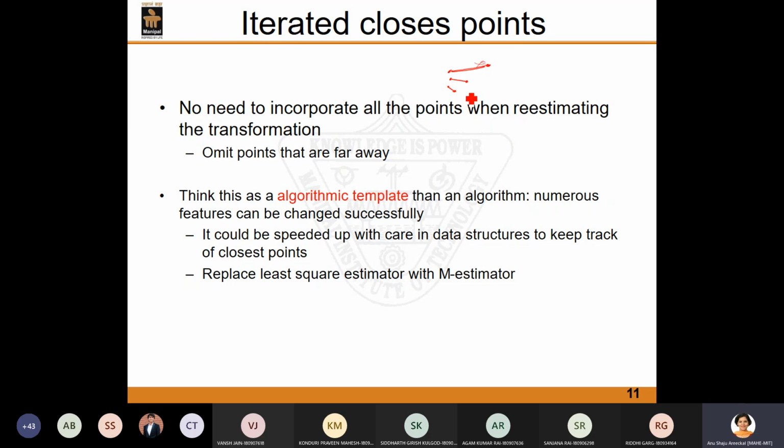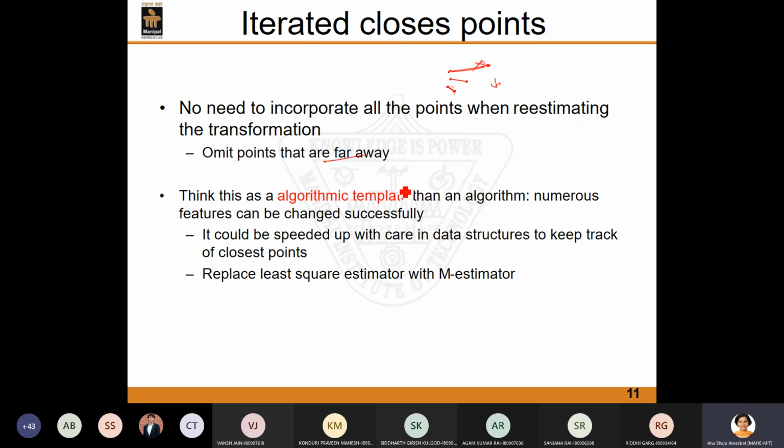So what you're doing there is reducing the number of points that might be contributing much more to the error, and we are focusing more on points which are close together, so that it is easier to come to convergence. So that is one modification that can be done, where you discard the points which are too far away.